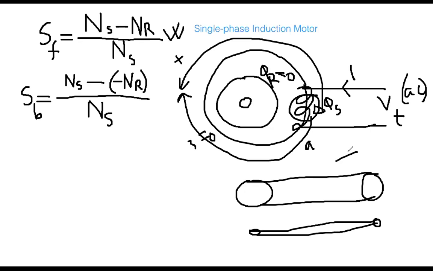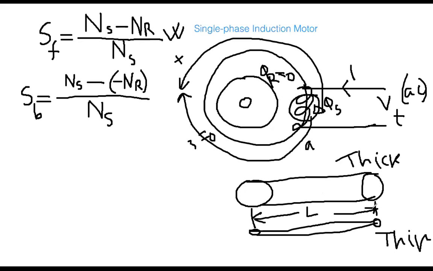This is thick, and this is the thin wire or thin cable. Their length is the same. L is the same in both cases, whatever it is, 1 meter or 1 foot.